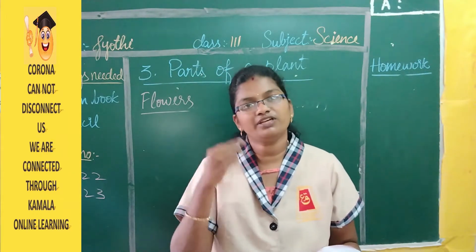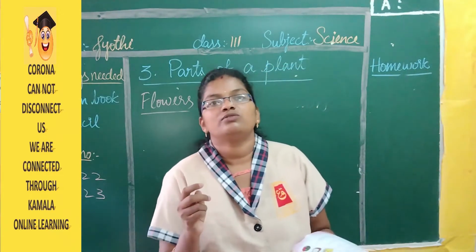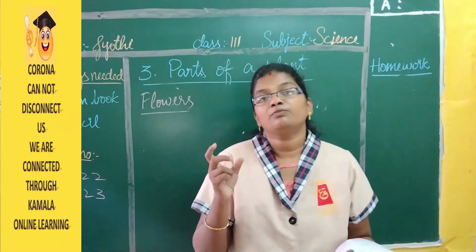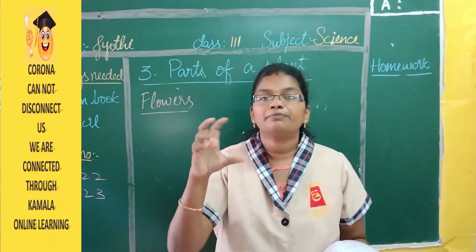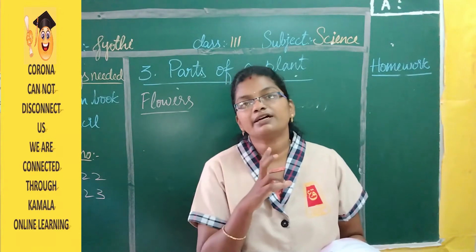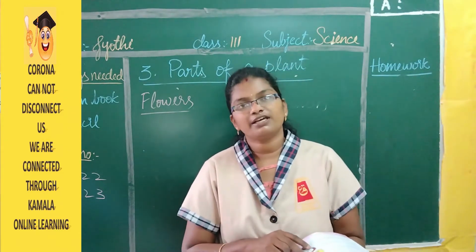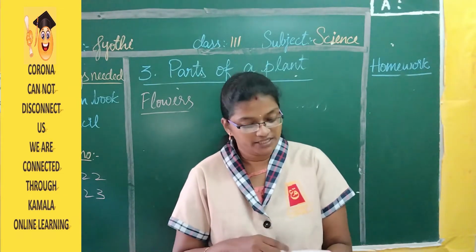We cook it and we eat. The same way, cauliflower, we also cook and eat. And broccoli is the same as cauliflower but completely green in color. Both are the same but they look a little different in their color. So these are the flowers which we eat.